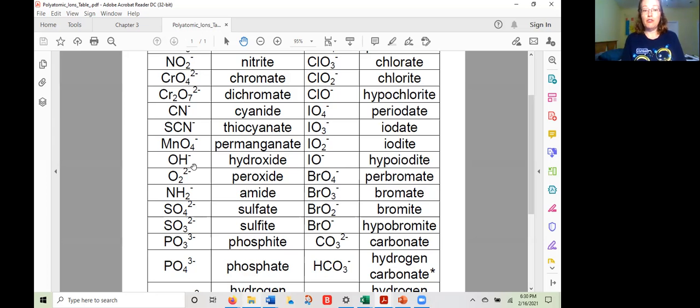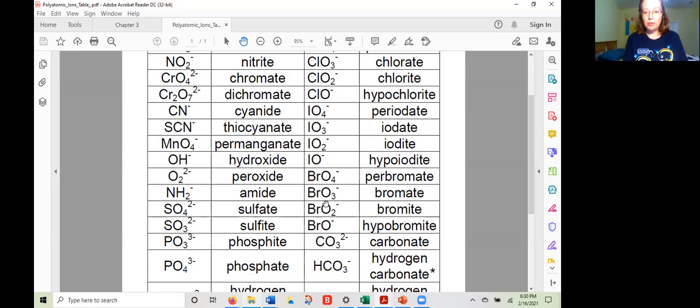But if it's sulfate or sulfite, then you'll know it's more than one element, and you need to look it up on the table. The hydroxide has 2 elements in it, even though the name ends with IDE. There is no hydroxygen element, for example.